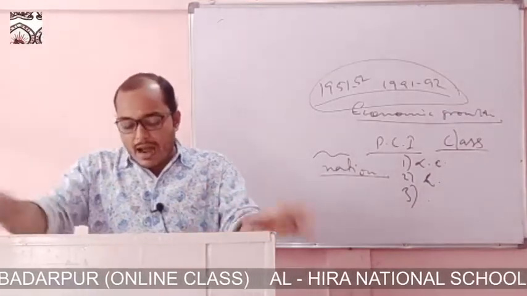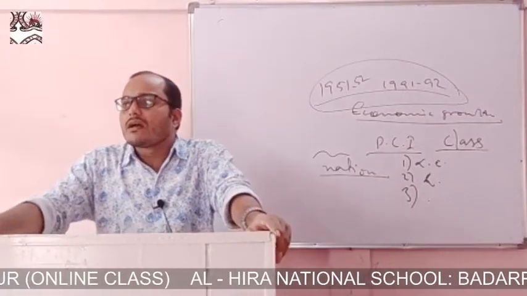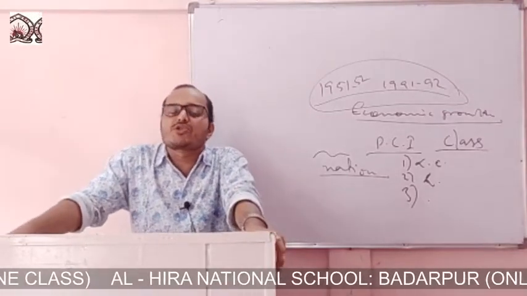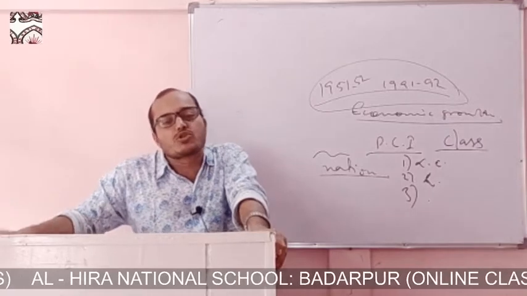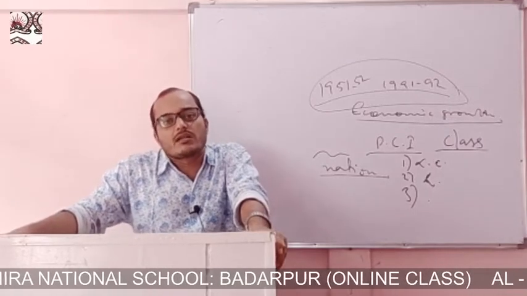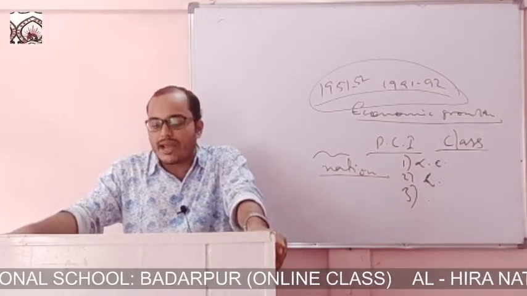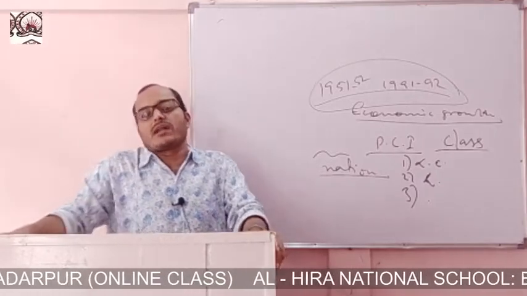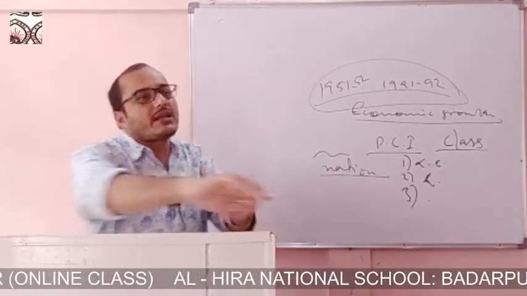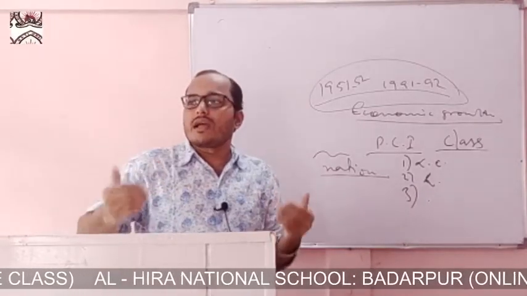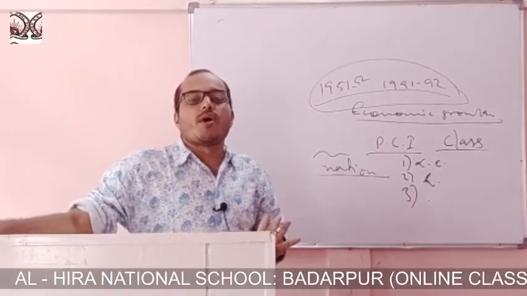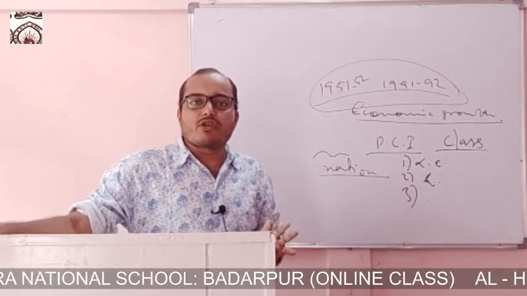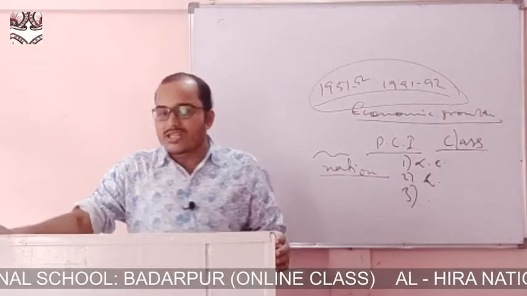Next, it is privatization. Liberalization is to lift the government control from the economy, and to pave the way for foreign industrialists or businessmen to play their role in the Indian economy or in the markets. So this is liberalization.